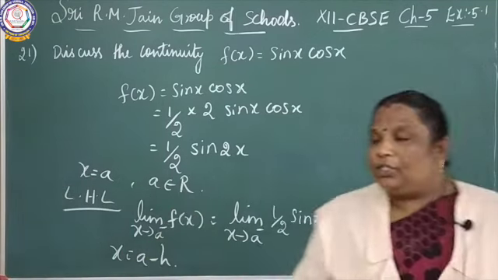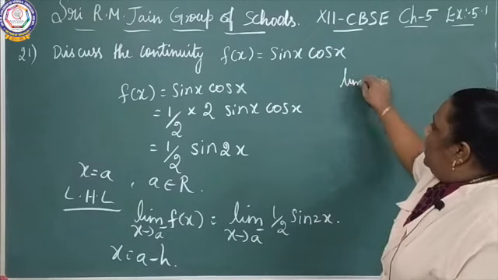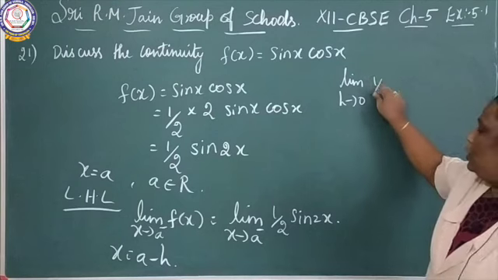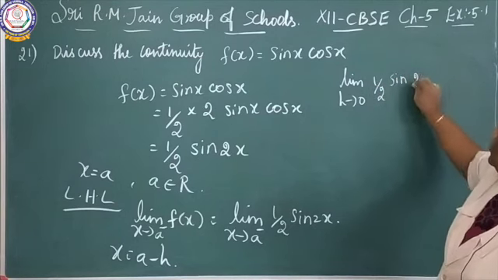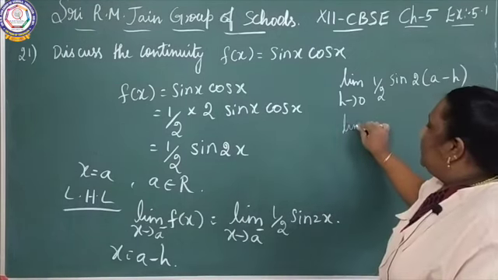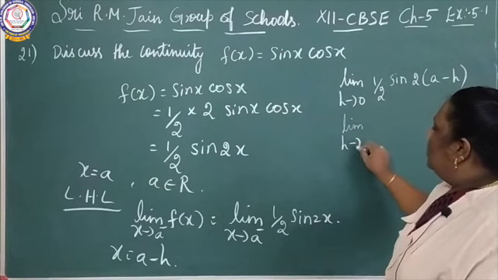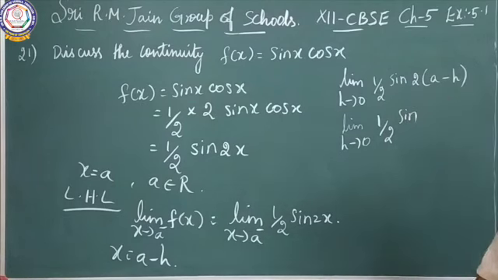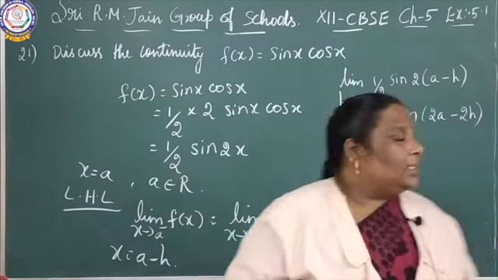So limit h tends to 0, 1 by 2 into sine of 2 into a minus h. Sine of a minus b formula: sine a cos b minus cos a sine b.